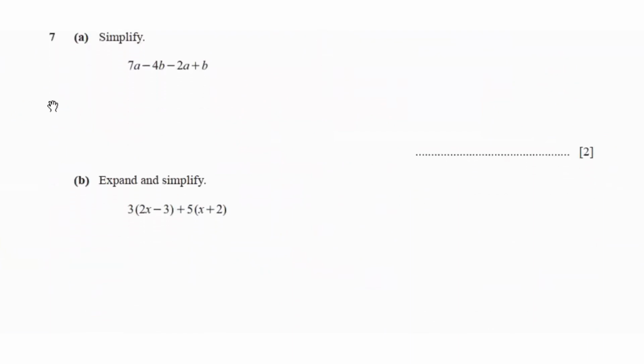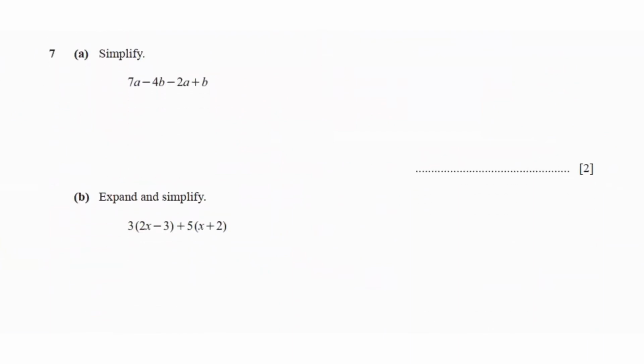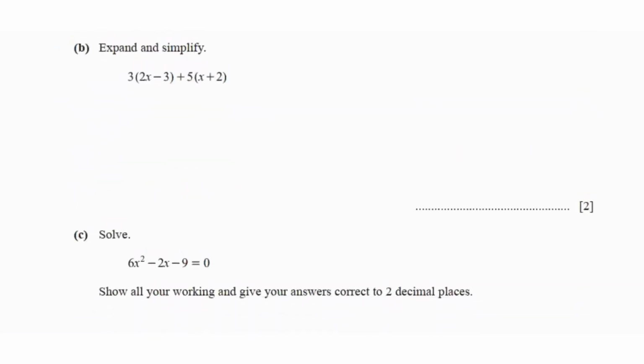Then it says simplify 7a minus 4b minus 2a plus b. So we're going to do 7a minus 2a and minus 4b plus b, which is going to be 5a minus 3b. Then it says expand and simplify. So for that, we'll multiply the terms outside the bracket with the terms inside the bracket.